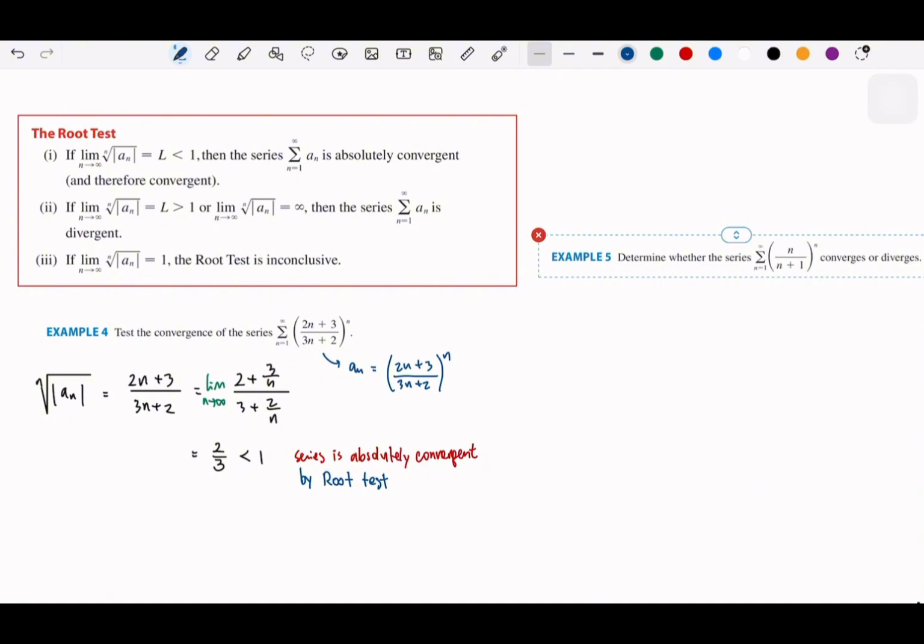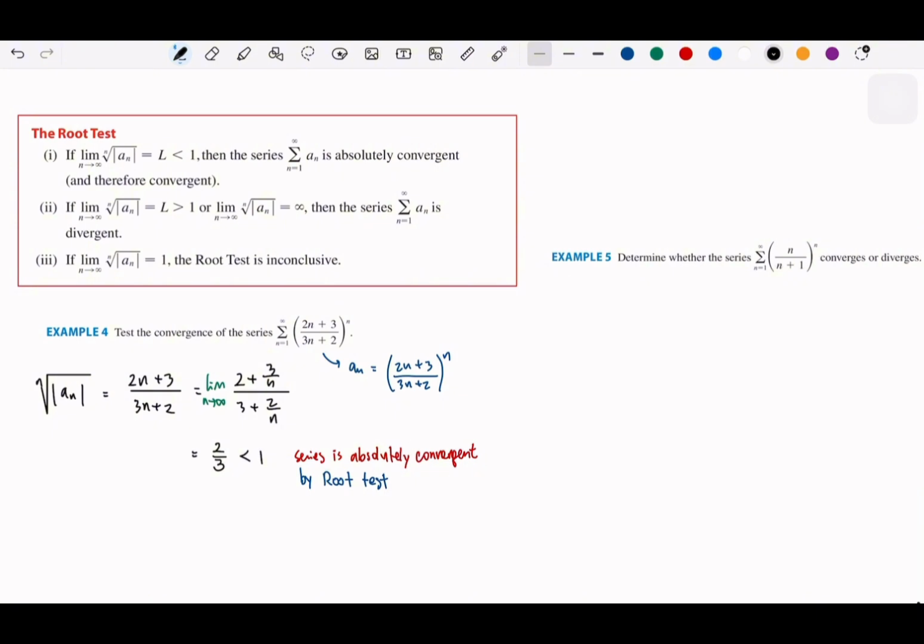Now see example 5. We see n over n plus 1, but with power of n.